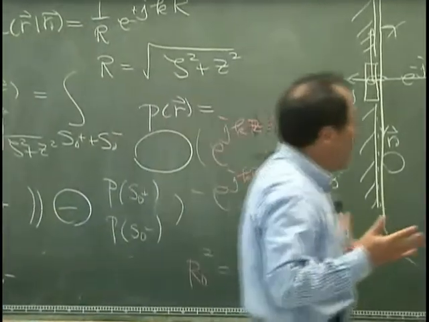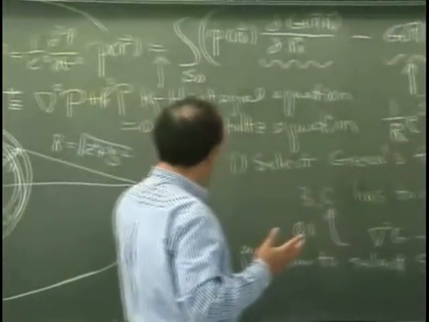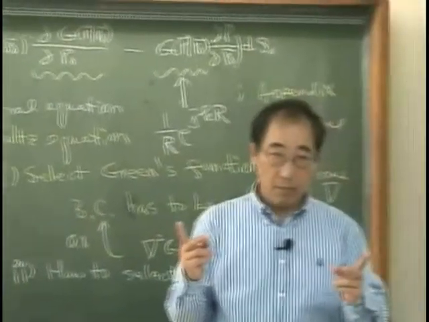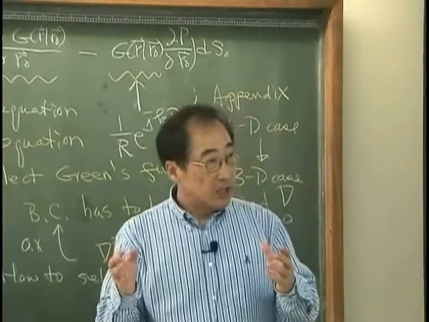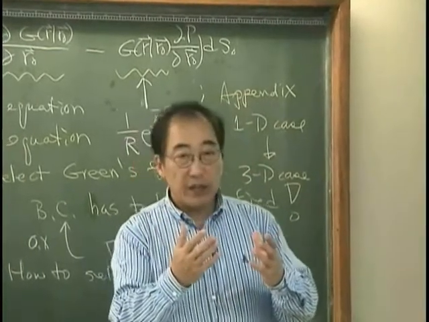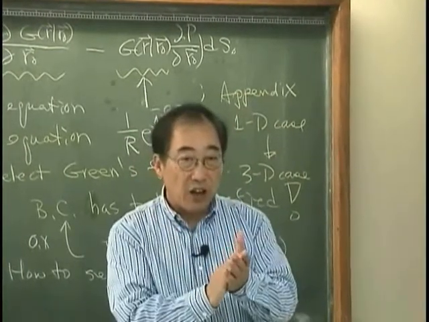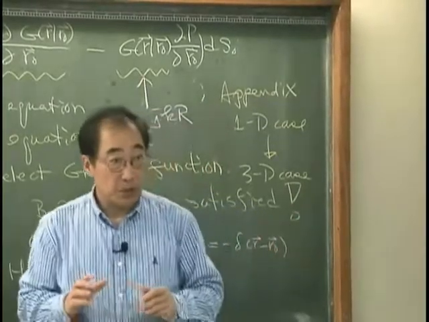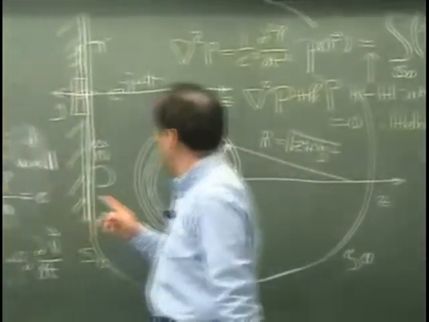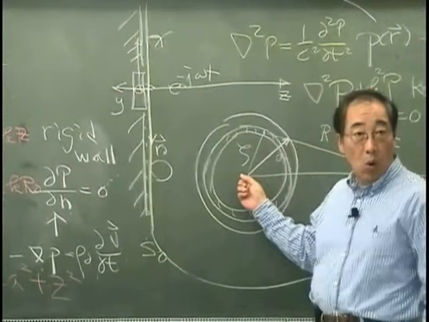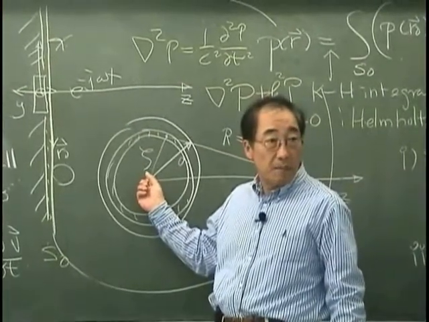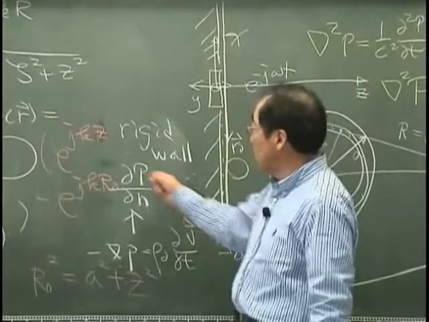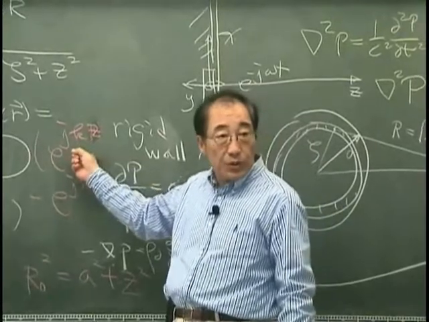That means the sound pressure that I observed on the z-axis has two components. One is the sound radiating from the center of the vibrating piston, like there is a monopole at the center. That is the e to the jkz component.